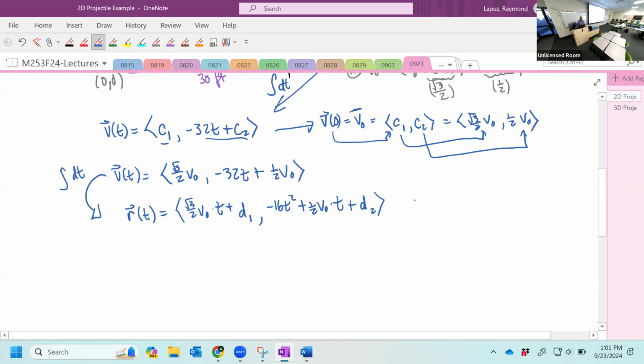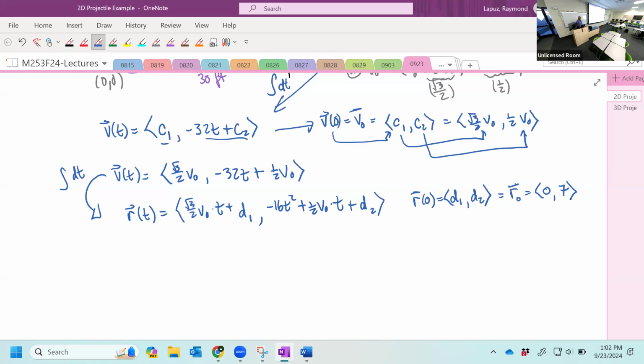Just like before, your r of 0 is going to be just D1 and D2. And this is supposed to be equal to r sub 0, your initial position, which, if you remember, was the height of the ball from the top of the origin where Steph let it go.